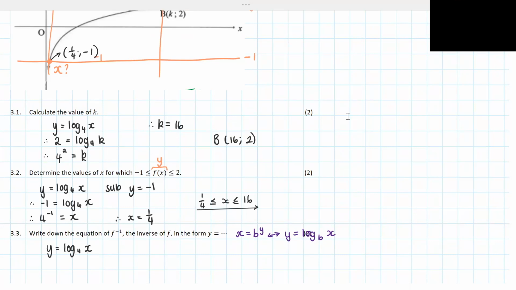Okay, so what is the equation of the inverse? Like I say, you know the original is a log, so the inverse must be an exponential.